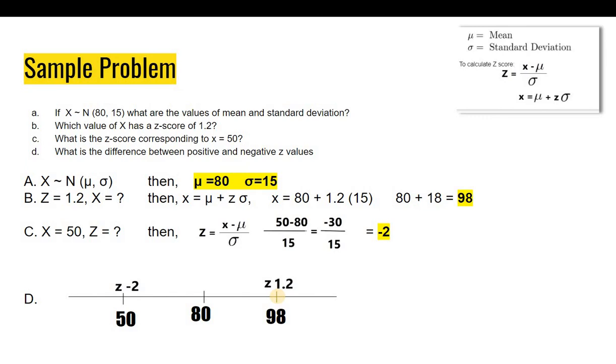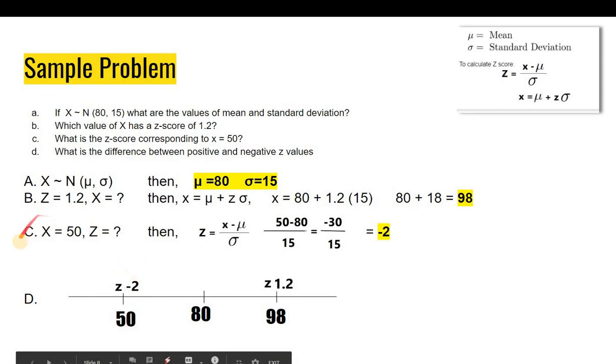Ang equivalent niya sa baba would be the x score wherein yun yung hinanap natin kanina. Z is equal to 1.2 equivalent to x of 98. So sa taas, z is equal to 1.2 and at the bottom 98. And then on the left side, kasi tatandaan natin sa normal distribution, positive goes to the right and negative goes to the left. So z is equal to negative 2. Negative 2 yung nandito. And then sa baba, 50.